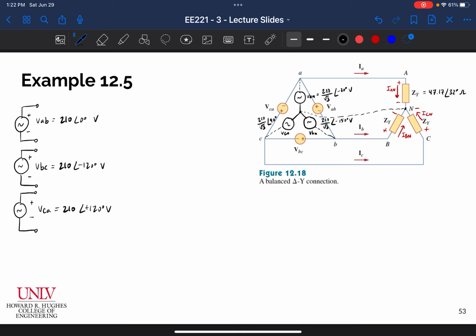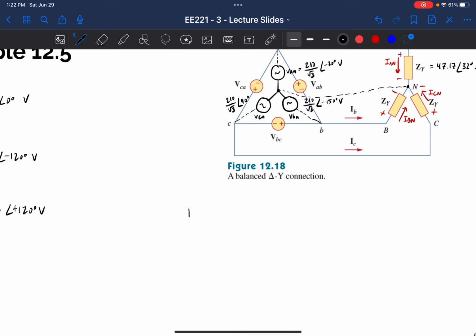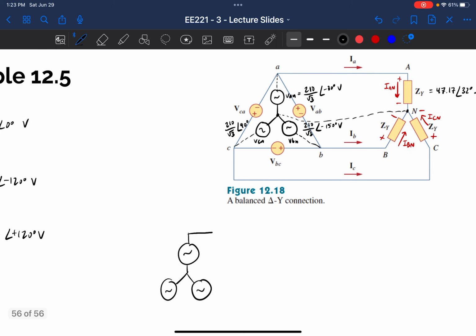So if we wanted to redraw this circuit now, since it's gotten pretty ugly, we could do that. And we don't need to draw the delta source anymore. Notice that the connections are still the same. I'm still connecting everything exactly the same, but I've just drawn my Y-connected source, and it's much easier to look at than it was with the delta-connected source.